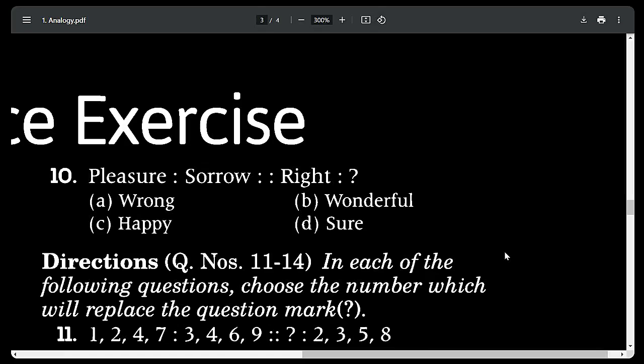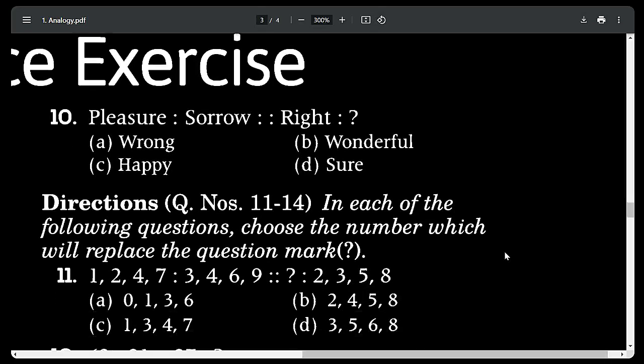So now we have number analogy. Let's see who is going to give the correct answer. 1247 is to 3469 as which number is related to 2358?